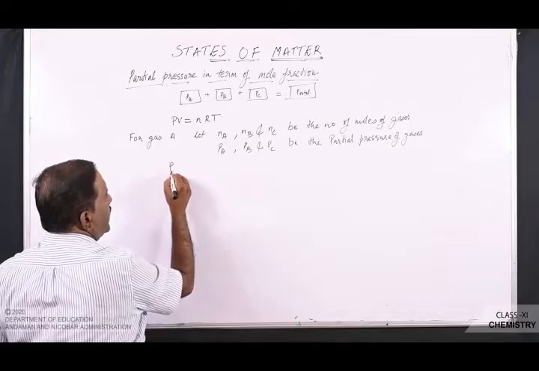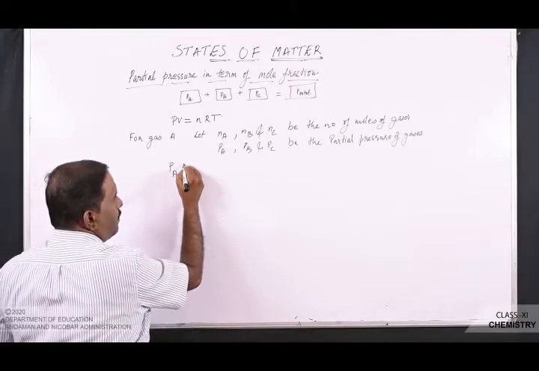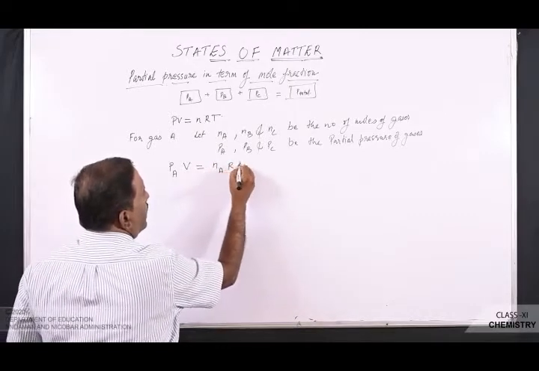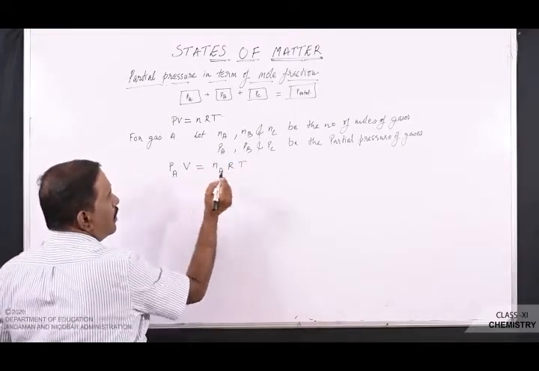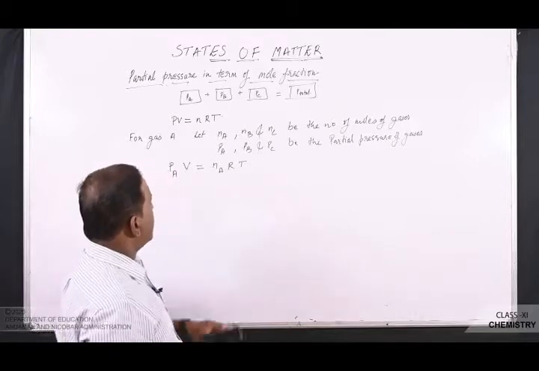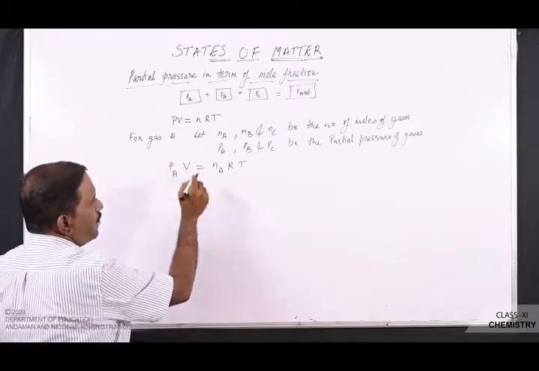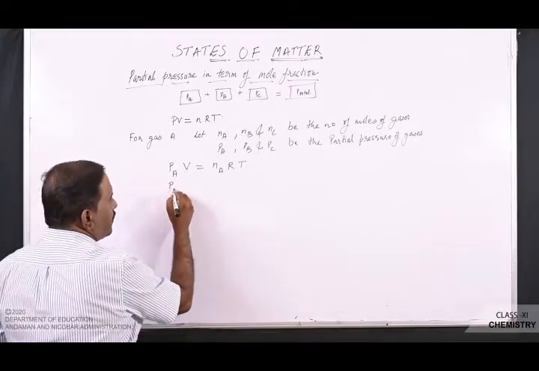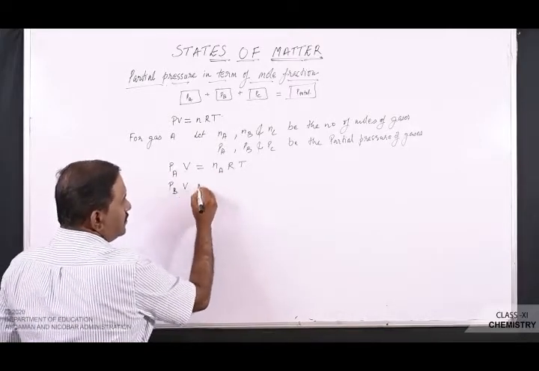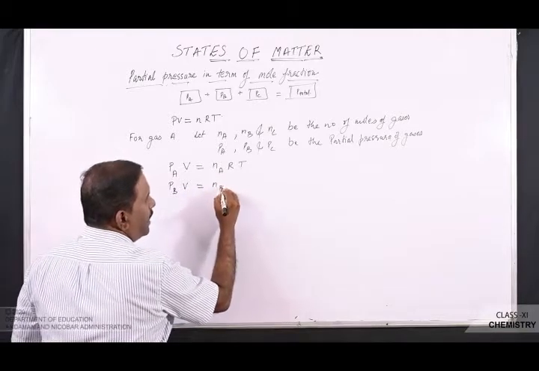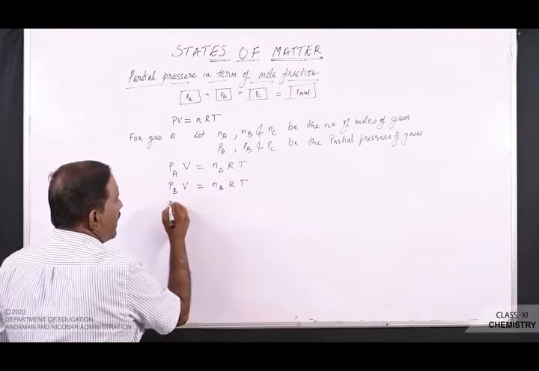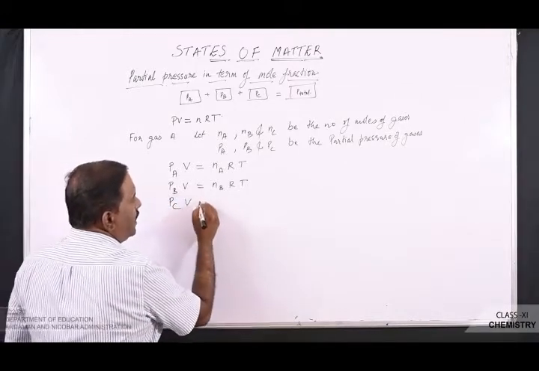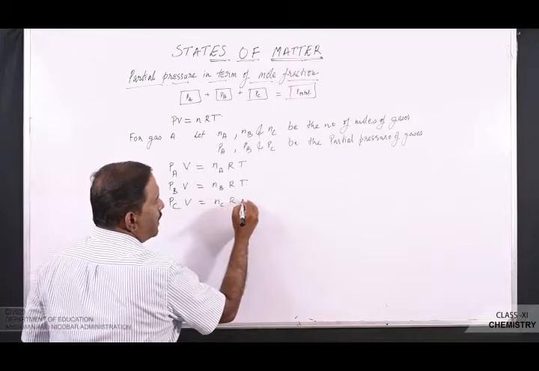For gas A I can write PaV is equal to NaRT. The volume, gas constant and temperature are not changed, only the partial pressure and number of moles change. For gas B we can write PbV is equal to NbRT, and for gas C, PcV is equal to NcRT.